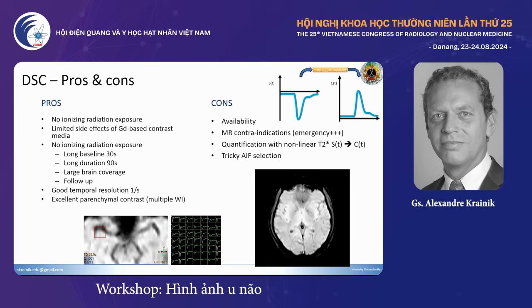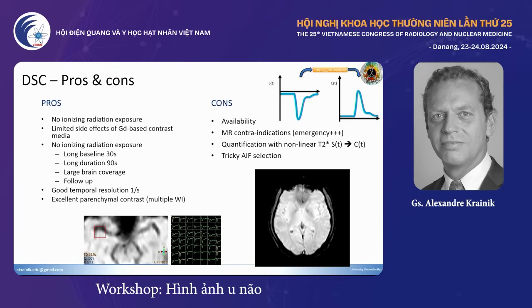And the main drawback is that the quantification is difficult. It's very difficult to really quantify brain perfusion using MR. It's easier using CT, because when you use CT, there's a quite direct relationship between the signal and the concentration of the contrast media. But in MR, the relationship is not linear.